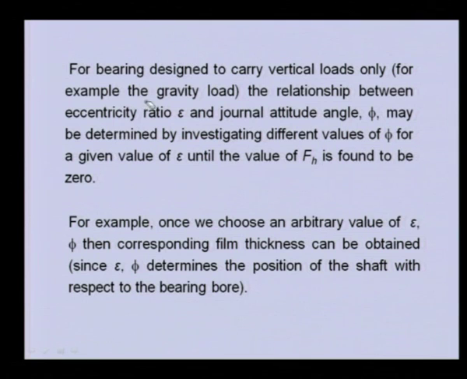So, if gravity is the only load on the rotor and Fh becomes 0, then we have the combination of the eccentricity ratio and phi for the rotor for that particular operating condition. For example, once we choose an arbitrary value of epsilon and phi, the corresponding film thickness can be obtained, since epsilon and phi determine the position of the shaft with respect to the bearing bore.